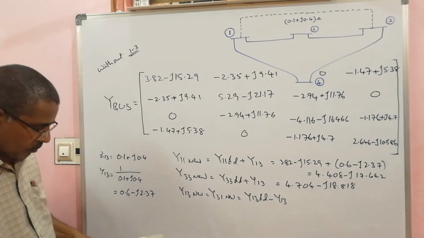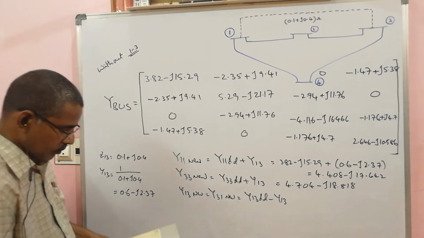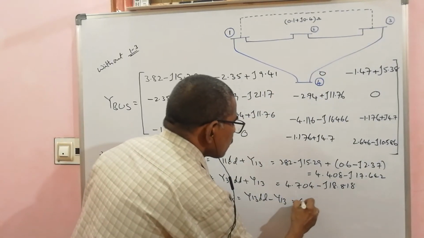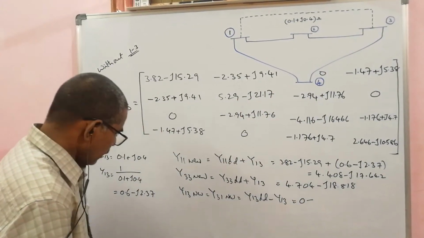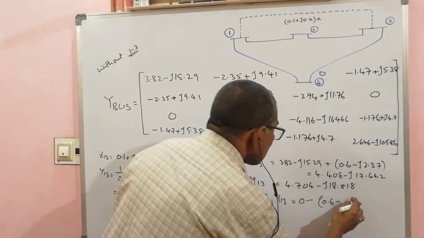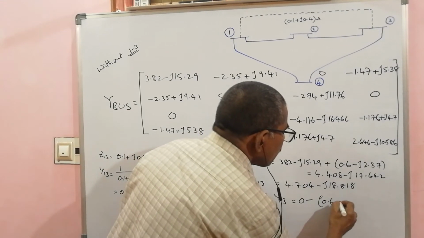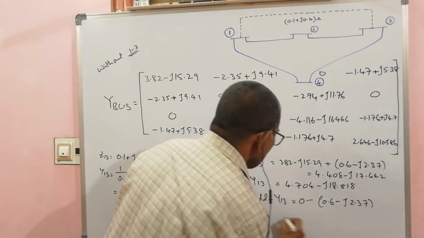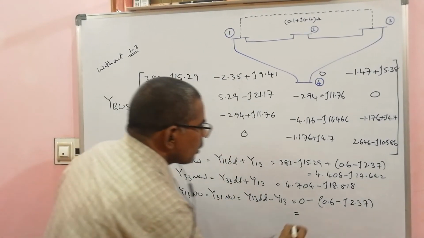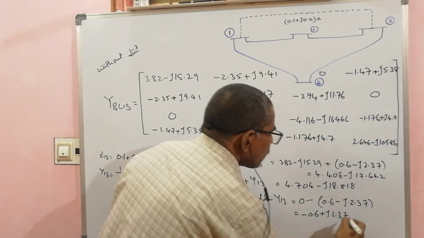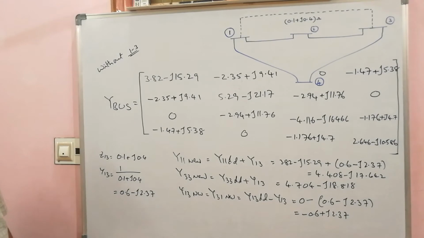Y13 old, which is 0. So 0 minus of this 0.6 minus j2.37, and this is going to be minus 0.6 plus j2.37. Okay, these are the values.